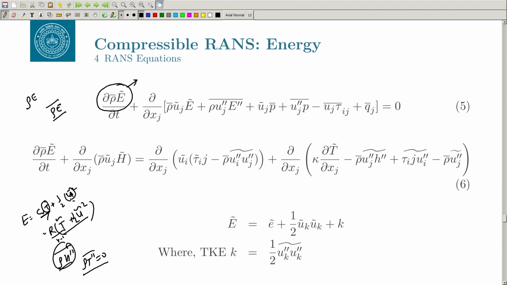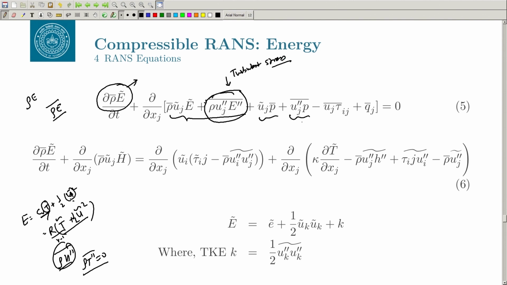In this, as we had expected, you will have the work due to the turbulent stress. This is the turbulent stress term. Right.